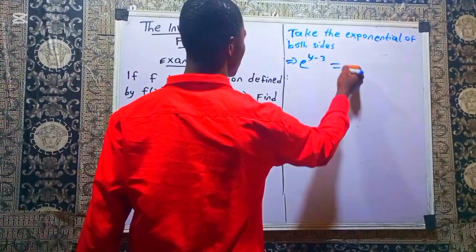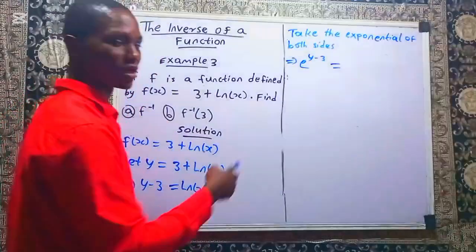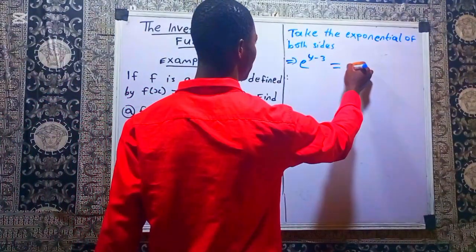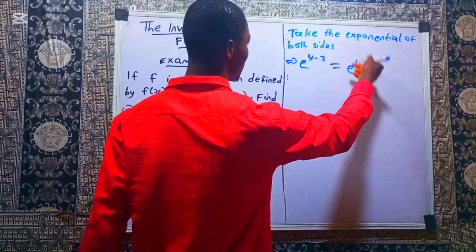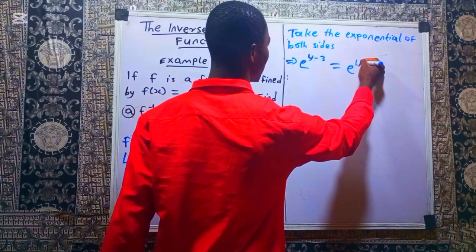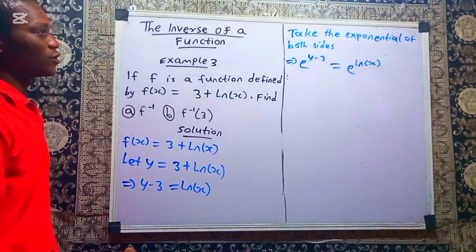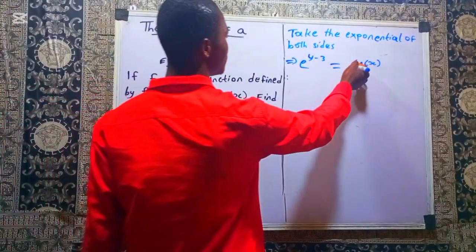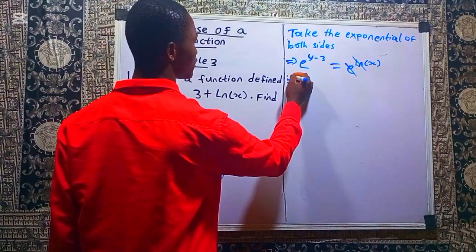So equal to, then the right hand side, what I have is ln of x. So I'll take the exponential of it, so I have exponential with ln of x on the exponent, right? So clearly the exponential will cancel the ln because they are inverse functions of each other.